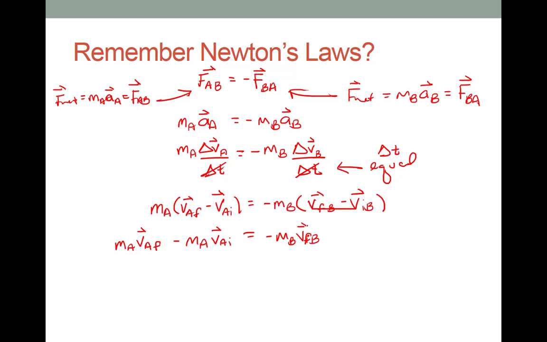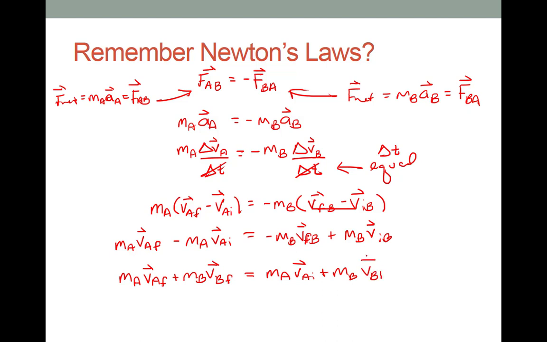And now I'm going to move everything that involves the initial velocity to one side, everything that involves the final velocity to the other side. So we're going to get MA VA final plus MB VB final equals MA VA initial plus MB VB initial.